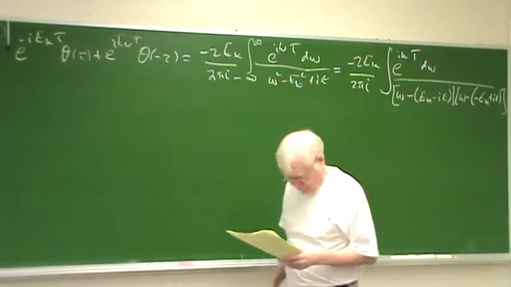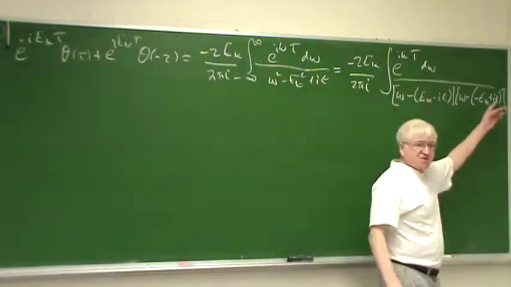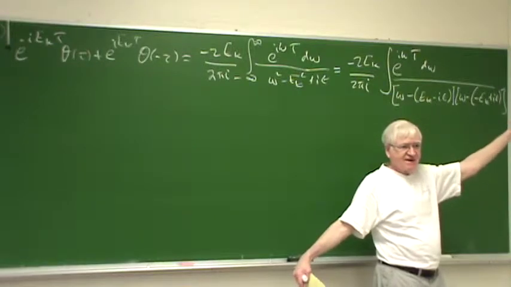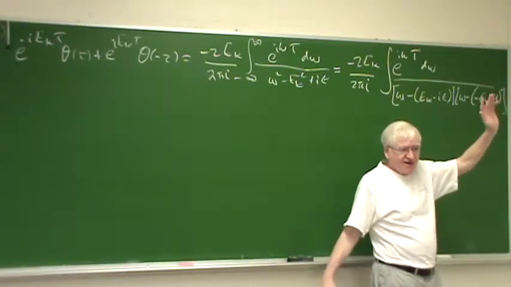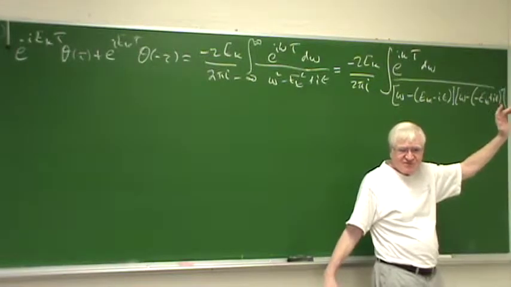And now, let's work out, of course, the epsilon squared terms we ignore, because if epsilon is 10 to the minus 10, epsilon squared is 10 to the minus 20, so forget about it.